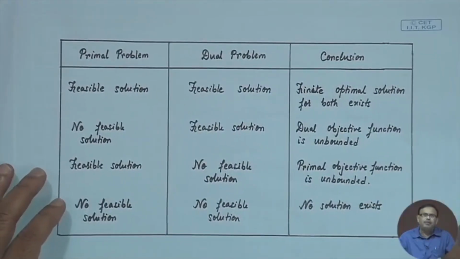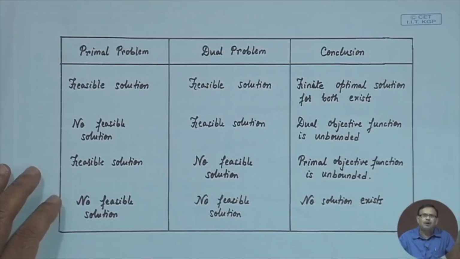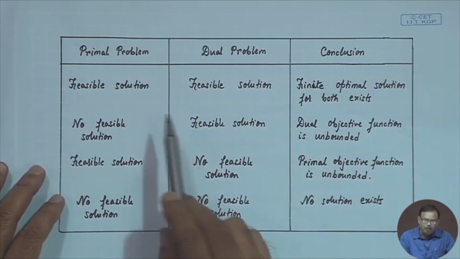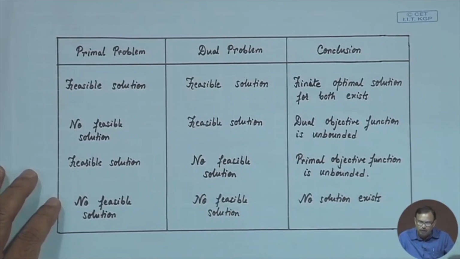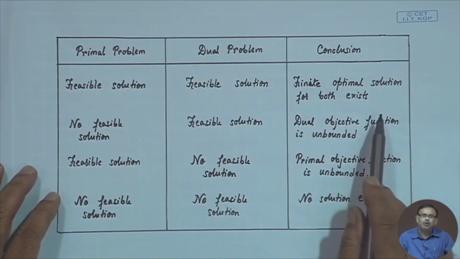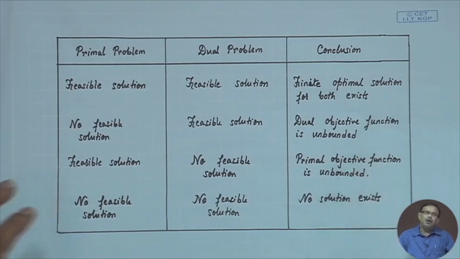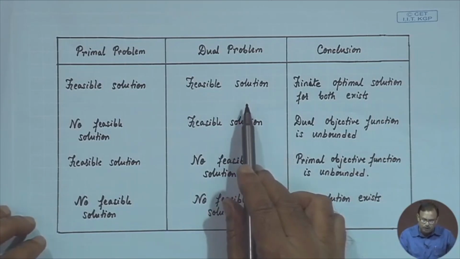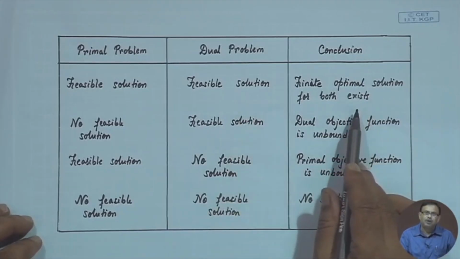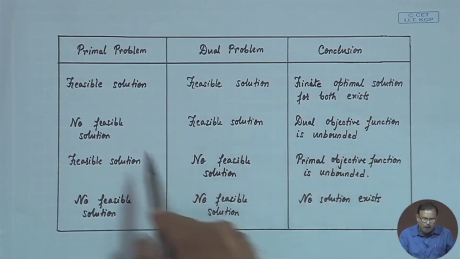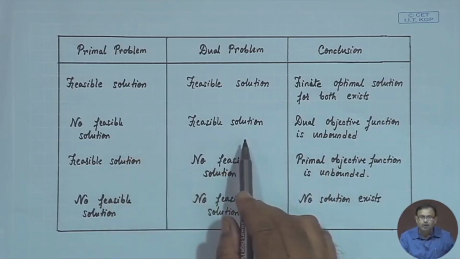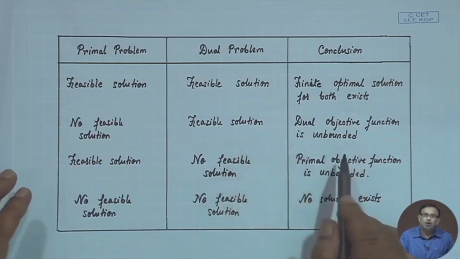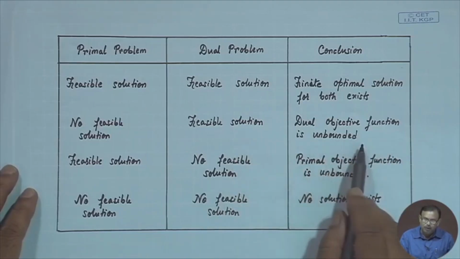I have a primal problem, a dual problem and some conclusions. If the primal problem has a feasible solution and the dual problem has a feasible solution, then a finite optimal solution for both will exist. If primal has no feasible solution, whereas dual has a feasible solution, then the dual objective function is unbounded.